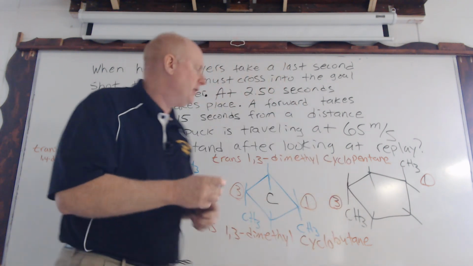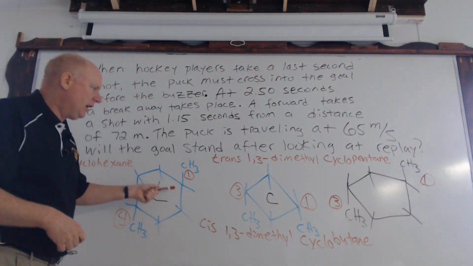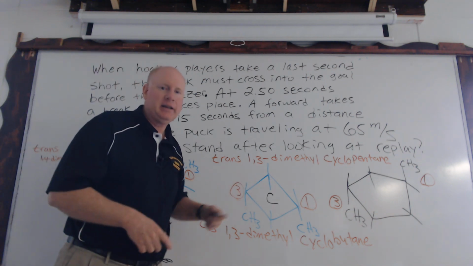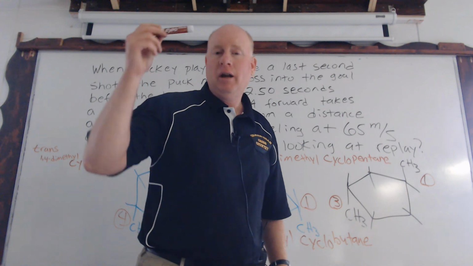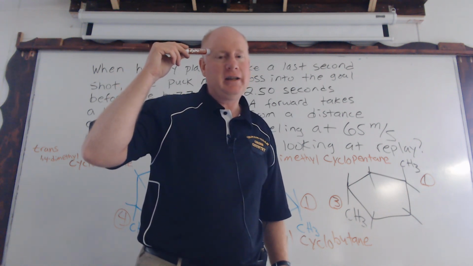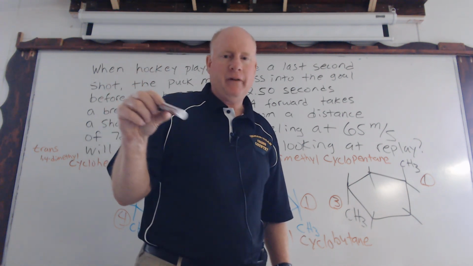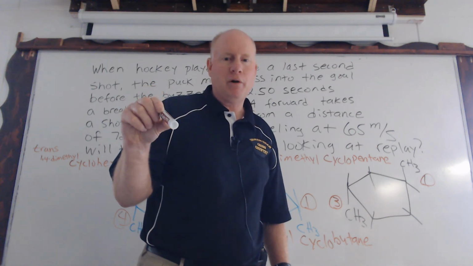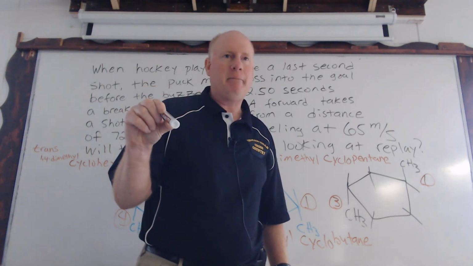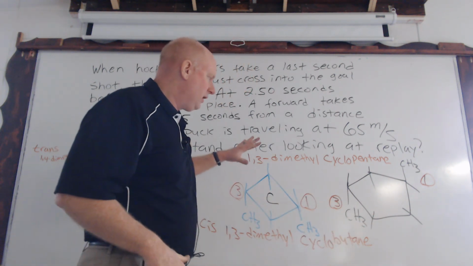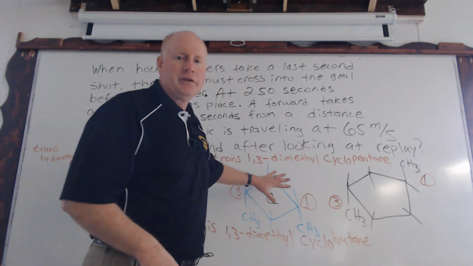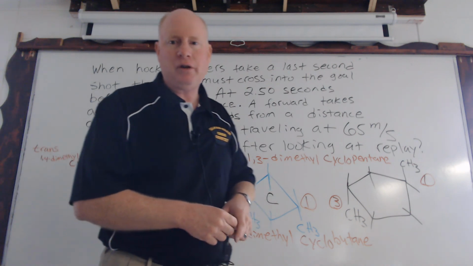And when that happens, that becomes a trans isomer, not a cis. It's very important to make that distinction, because when we start talking about alkenes next chapter, that type of isomerism is going to be very important as far as naming some of those compounds. But that is still next chapter. We introduce it here at this time. Okay, so that's what we talked about in class. We'll catch up to you next time.